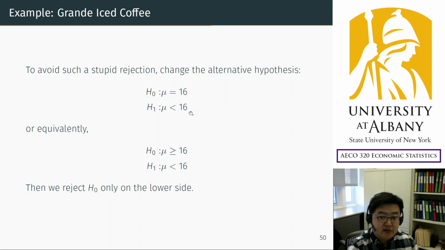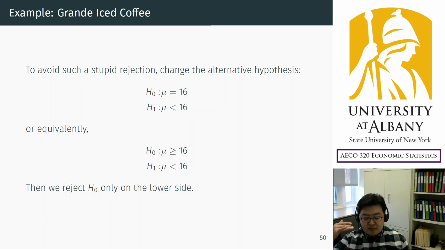These two are equivalent. In any case, if the amount of the iced coffee is greater than 16 ounces, it does not matter. Or you may think it won't happen. Starbucks won't give you free additional coffee or whatever. Anyhow, we are not interested in what's going on above 16. We are only interested in whether it is exactly 16 or lower.